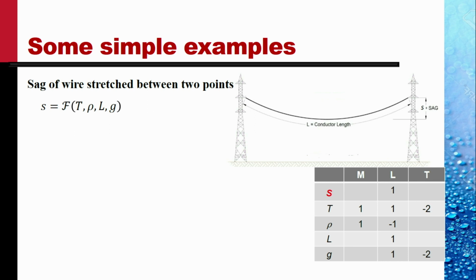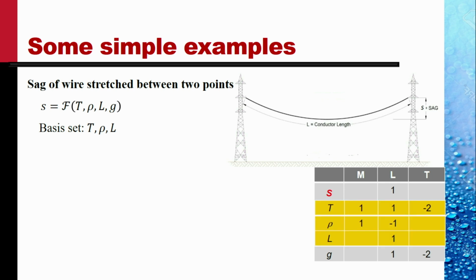Tension would be like force, so it would be M L T^-2. And g, acceleration due to gravity, would have the same dimension as acceleration, L^1 T^-2. We take a basic set as T, rho, and L. This basic set makes sure that it is complete and independent.